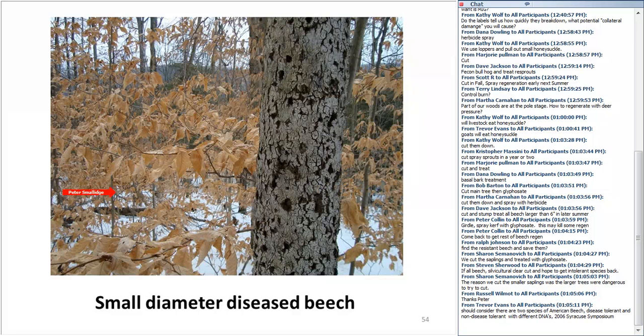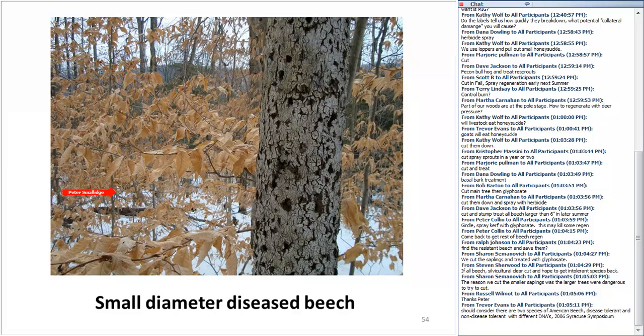Ralph says, find the resistant beech and save them. Indeed. And actually, this picture was taken from an area where we're having a timber sale. It's a 30-acre timber sale. We found most of the beech look like this. We found 2 beech trees that were perfectly clean. So we've marked those as seed trees. We'll retain those when we do herbicide. So the rest of the areas will do some kind of herbicide treatments.